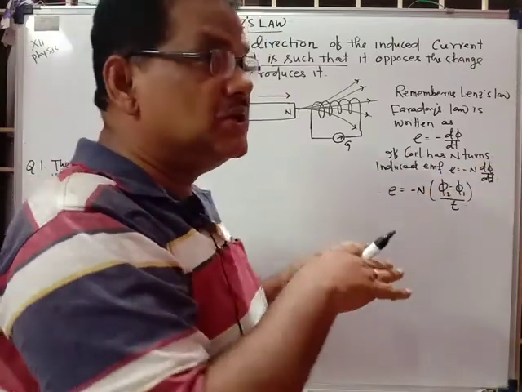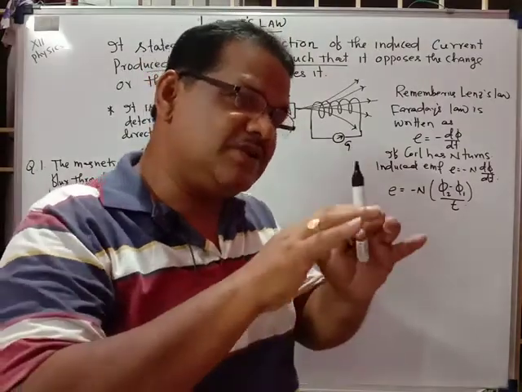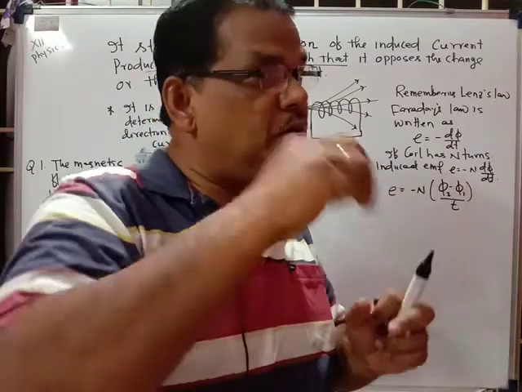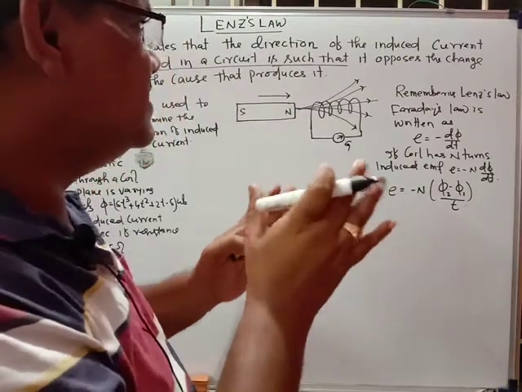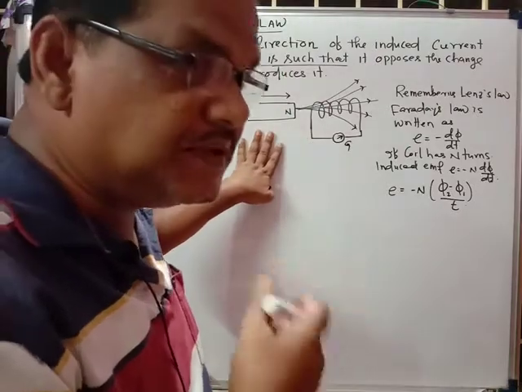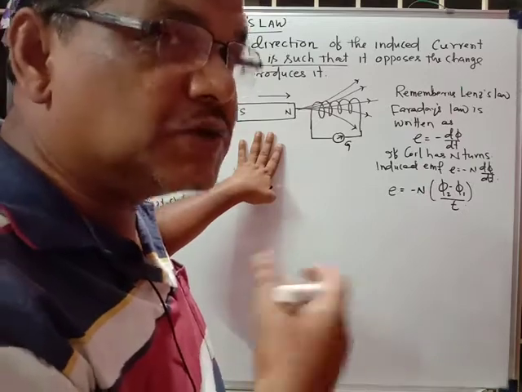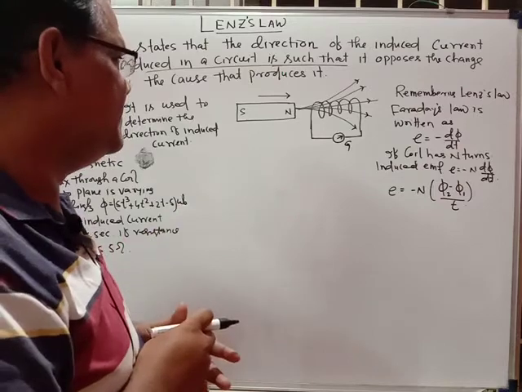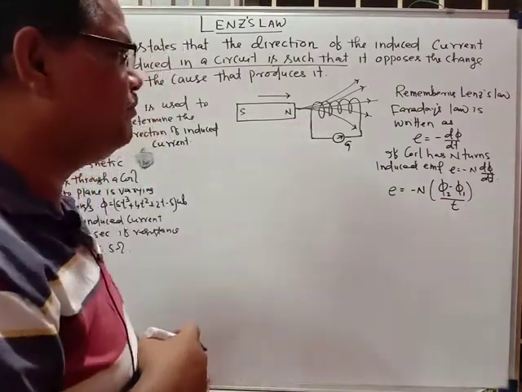That means the direction will be formed in the coil in such a way that it opposes the cause. This is a very important point, and you will understand clearly from the explanation how it opposes the cause. After producing the induced current, it will oppose whatever change produced it. I think you must understand this sentence clearly from this explanation.